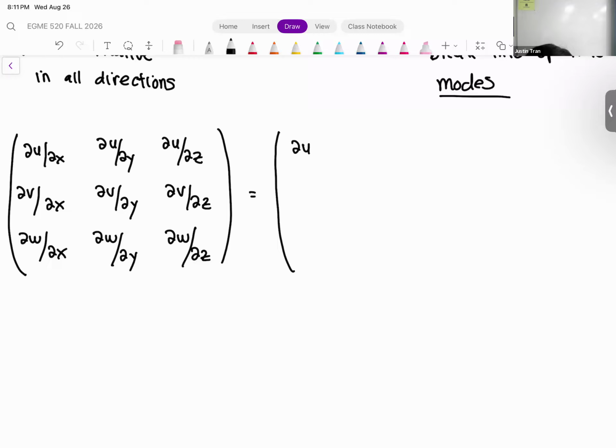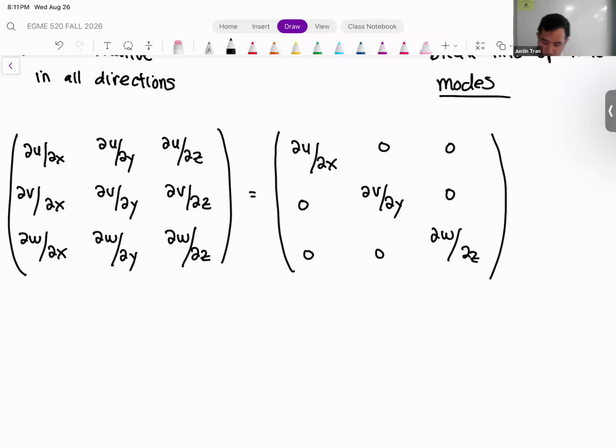So it's partial u, partial x, 0, 0, and then 0, partial v, partial y, 0, and then 0, 0, partial w, partial z. Okay, so we basically just took the diagonal entries, and so this here represents our elongation/compression.